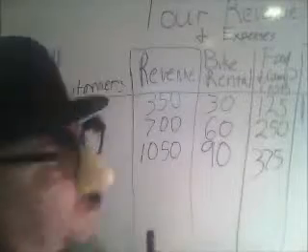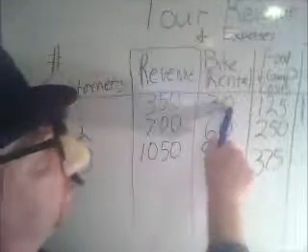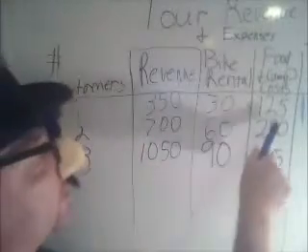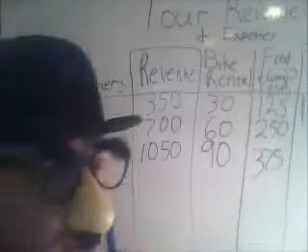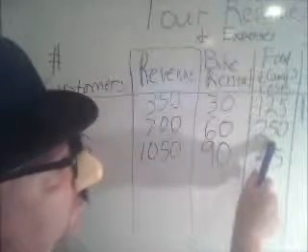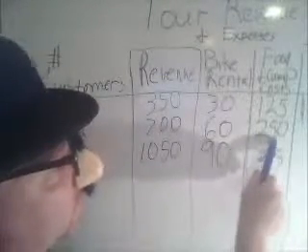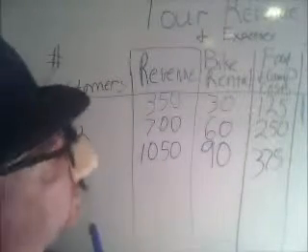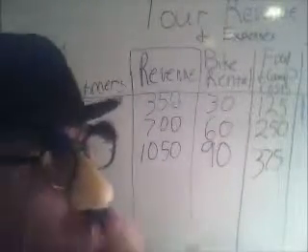So think to yourself, our total expenses are going to be 30 times the number of customers plus 125 times the number of customers. Okay, the same, you're going to see the same is true here. Okay, 250 equals 125 times the number of customers.